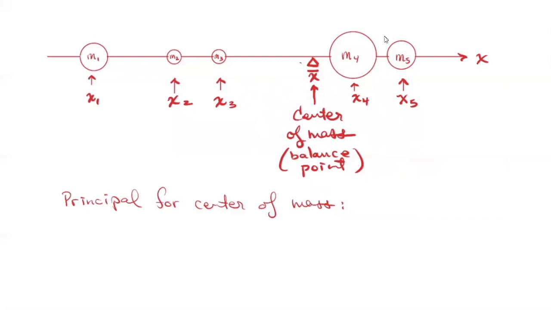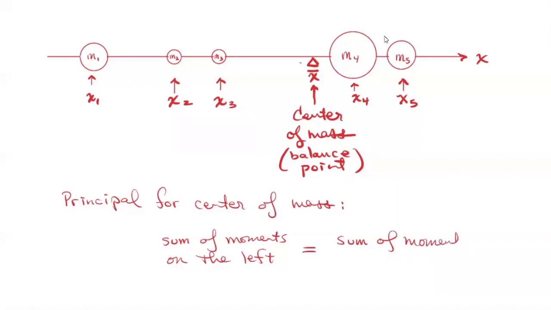So the principle for center of mass is that the sum of moments on the left has to be equal to the sum of moments on the right. Okay, and that simple principle drives everything else that follows.